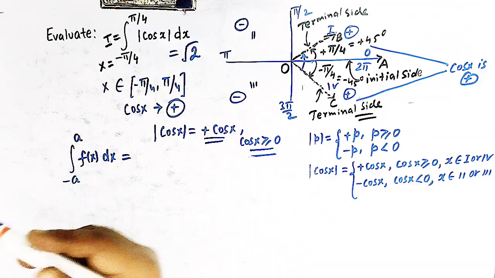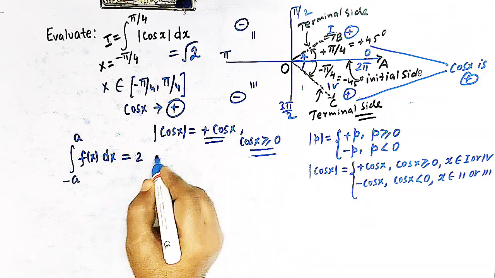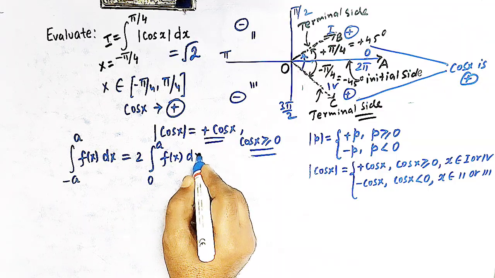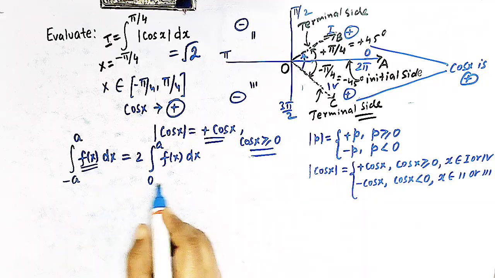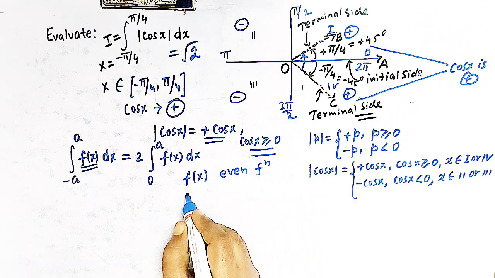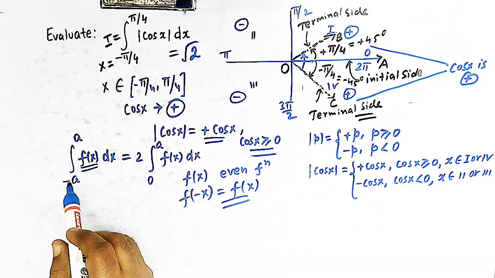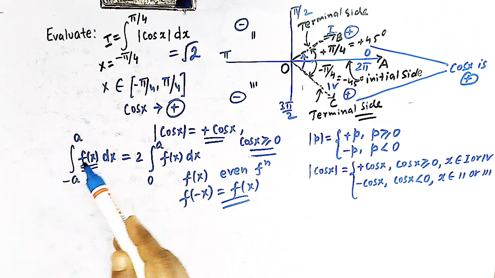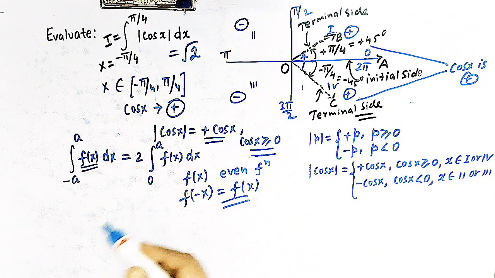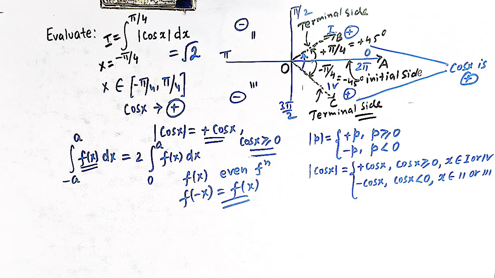From the properties of definite integrals, we know that this integral is equal to 2 times the integral from 0 to a of f of x dx, provided this function f of x is an even function, that is f of minus x is equal to f of x, right? So we can first make use of this property on this integral, and then subsequently we can make use of the definition of the mod function.